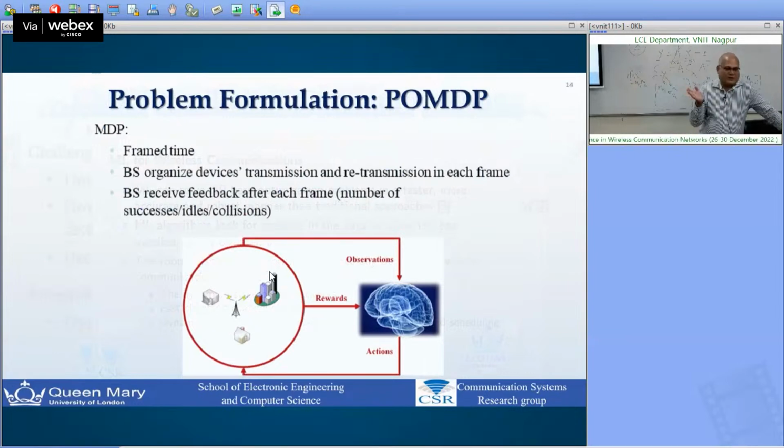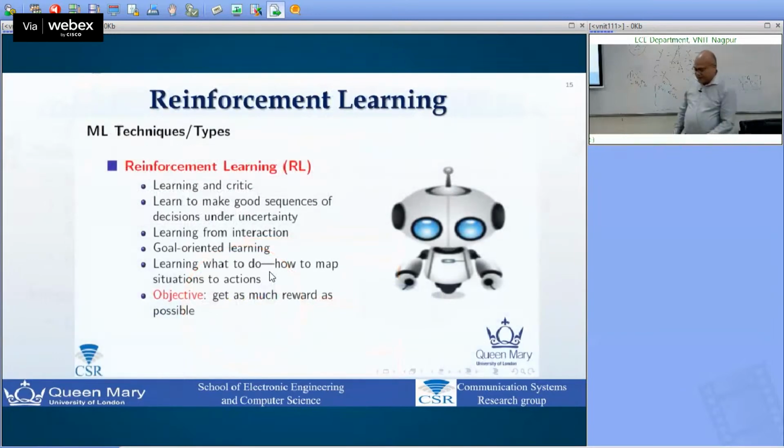We don't know fully, so we don't have full information. This is a partially observed Markov decision process. Now there are 3 main groups of learning: supervised learning, unsupervised learning, and reinforcement learning.